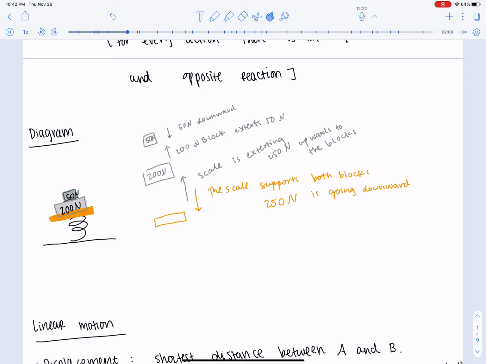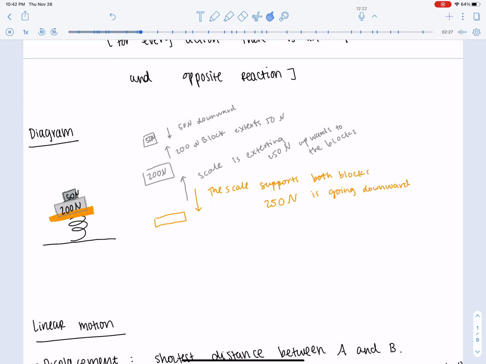Basically, the scale supports both blocks, so it has a 250 force going downward. The scale is exerting a 200 Newton force going upwards to the blocks, and it's the same for the 50 Newton force blocks.